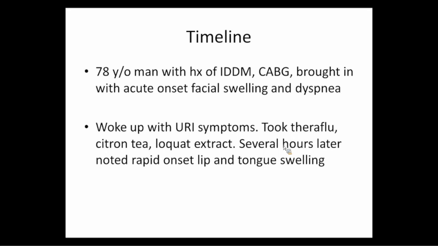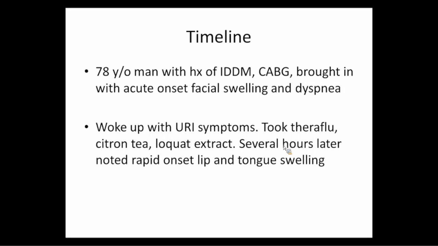So you're called to see a patient in the ED, or your team is admitting. He's a 78-year-old with insulin-dependent diabetes. He had a history of CABG about 20 years ago that was uncomplicated. He's brought in by EMS for acute onset of facial swelling and difficulty breathing.